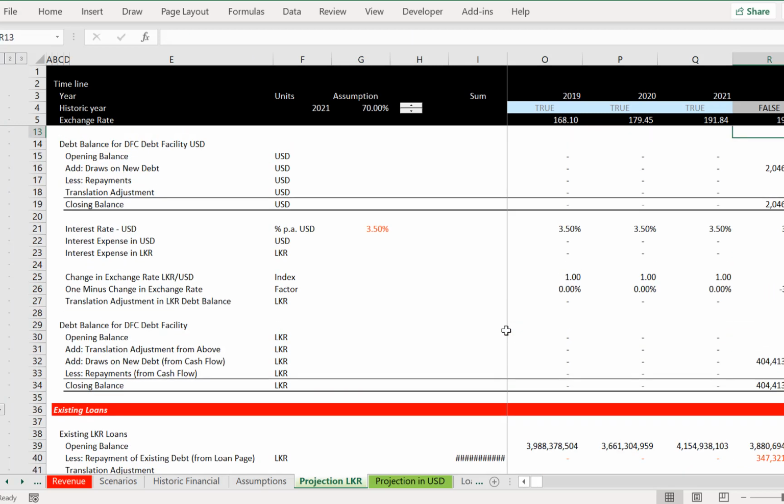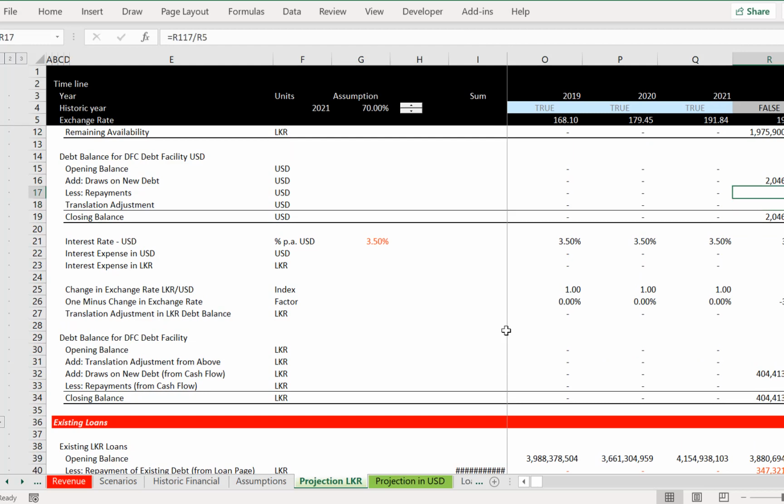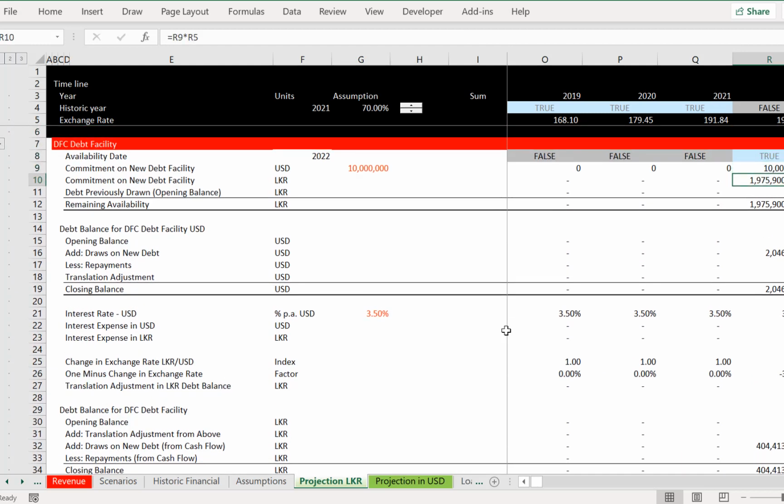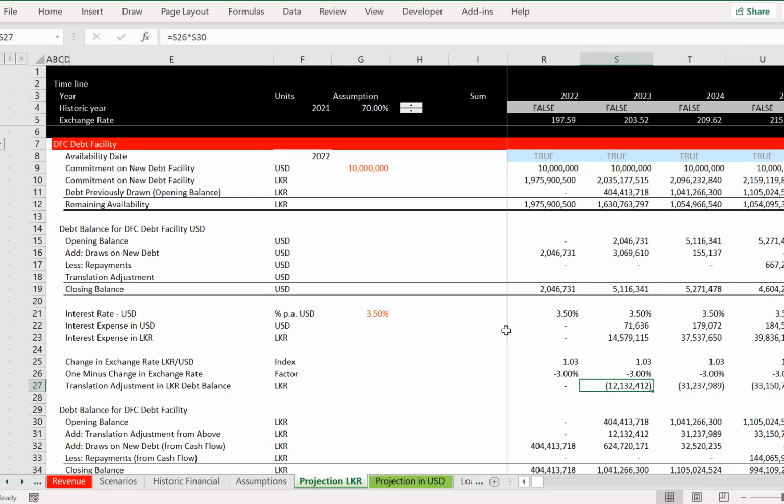Where did I put the translation? Here we go. Here's a translation adjustment. Where is it filled in? Here.